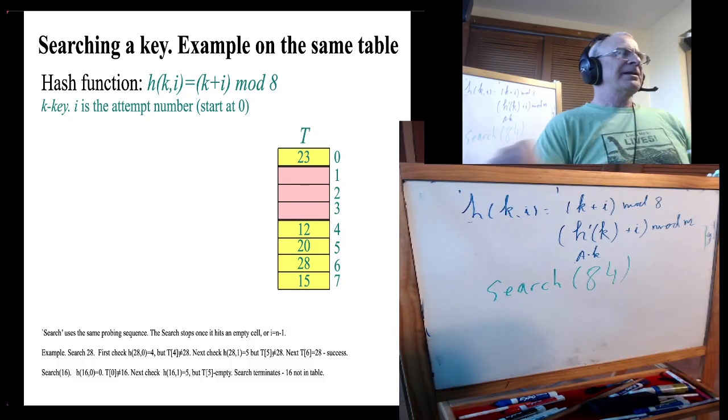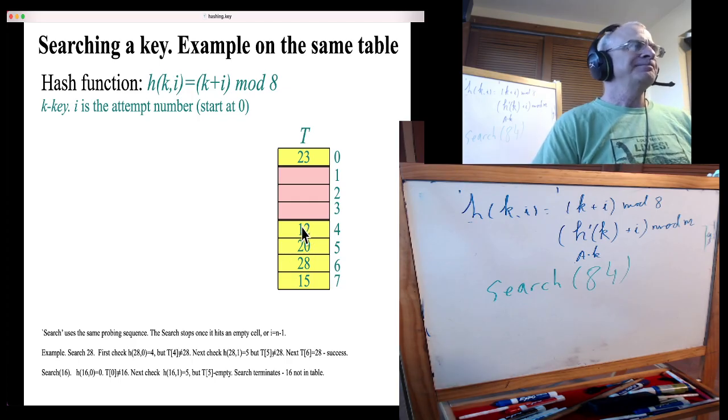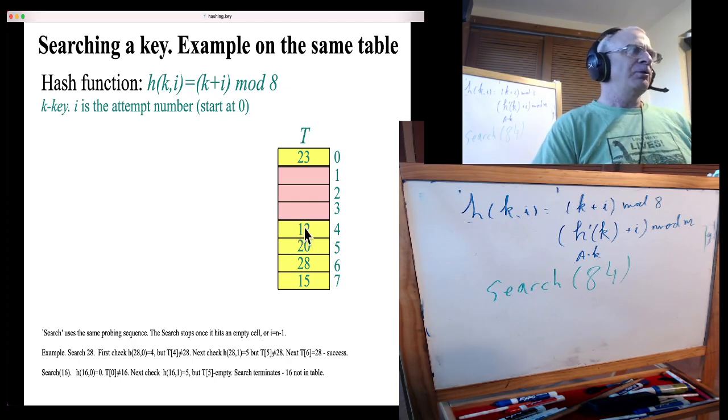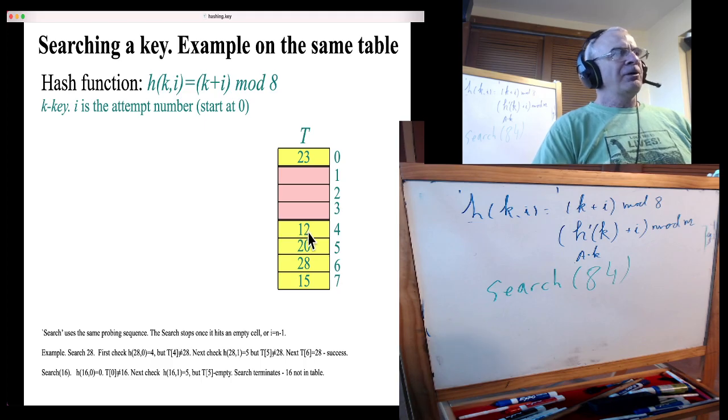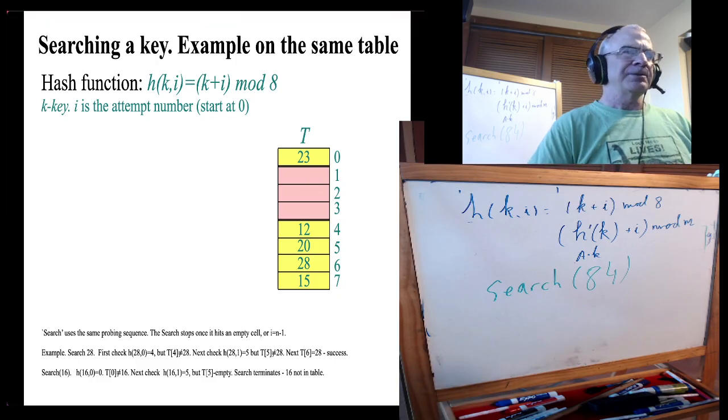What happens in the search of 84? 84 modulo 8 is 4, so I'm looking for 84 in this cell. Occupied, occupied, occupied, occupied, occupied, and only this is a free cell that finally gives me the signal to stop this search. Finally, I found what I'm after.